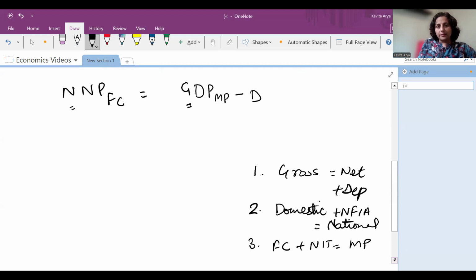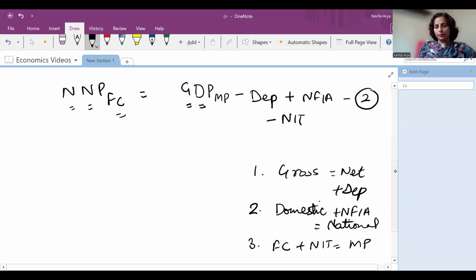I'll subtract depreciation from it. And now this becomes NDP at MP. Domestic needs to be converted into national. Hence, what would I do? Domestic, add NFIA. And then MP minus NIT will make it FC. Hence, this is my second equation from the numerical point of view.